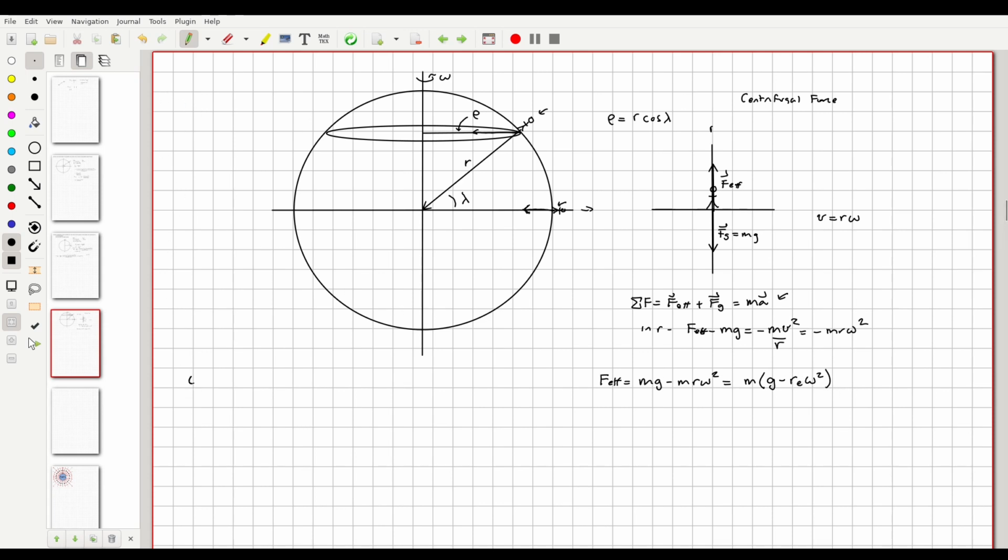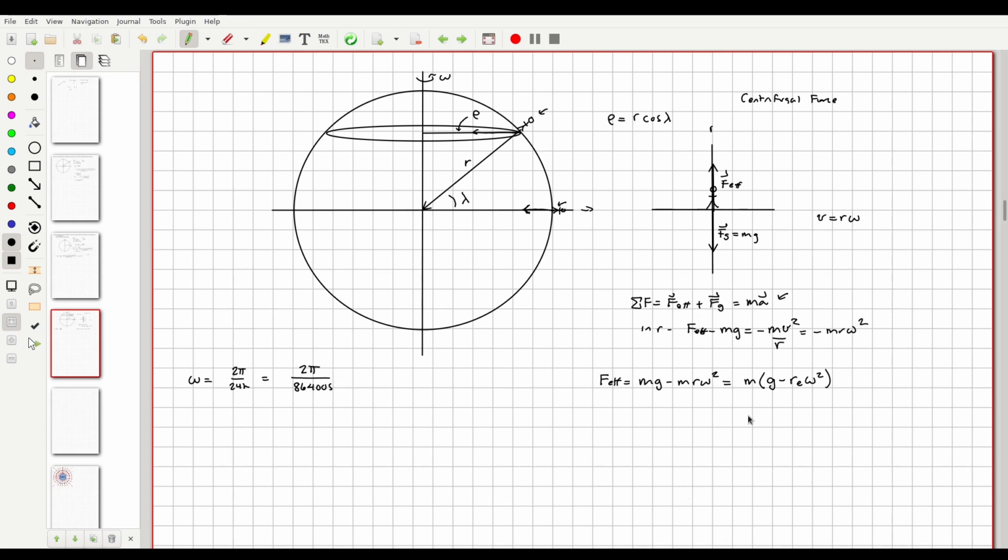Omega itself, you go around the Earth once every 24 hours. So 2 pi divided by, if you do the math here, 24 times 3,600, so 86,400 seconds. So this would be the angular velocity as you go around.